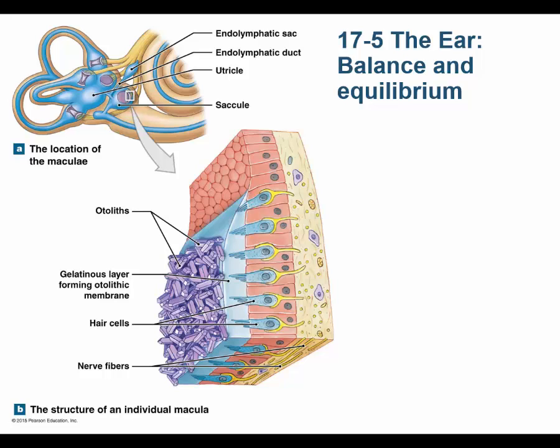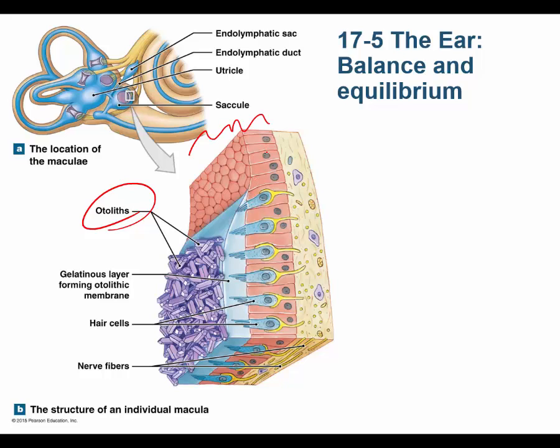Very similar to the crista ampullaris, except for there's stones in the gelatinous material. All right. These stones are called otoliths, and the gelatinous material is the top of my otolithic membrane. This whole thing right here is called my otolithic membrane.